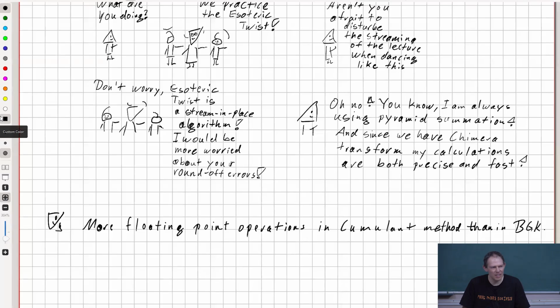Actually, the compute time does not increase as much as you would expect, or not necessarily. It depends on how you implement this. The reason for this is that on a modern computer, so this was different when I was young, nowadays the memory access is much more expensive than the calculations.